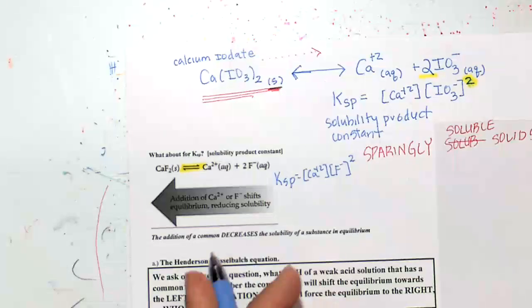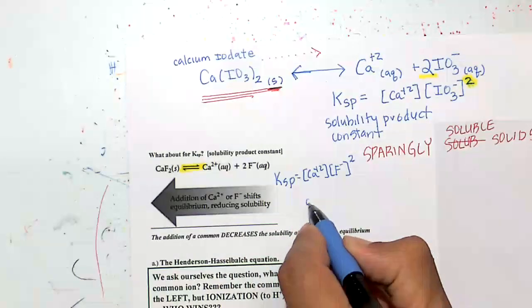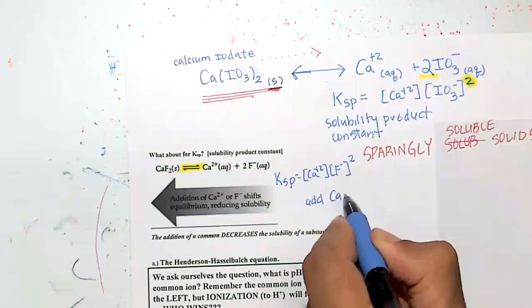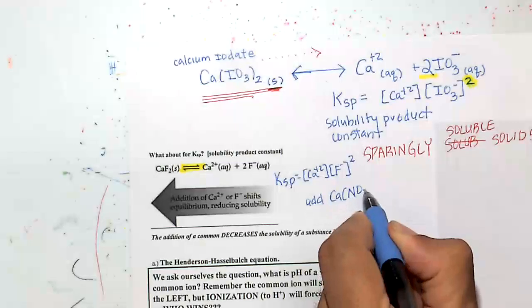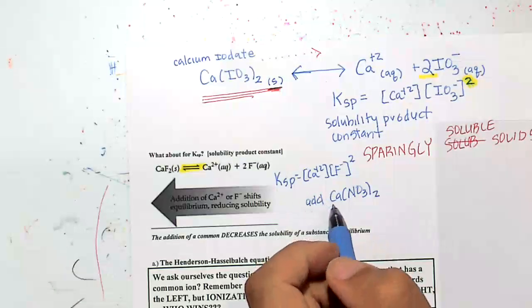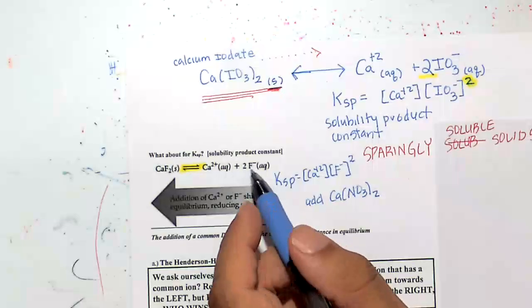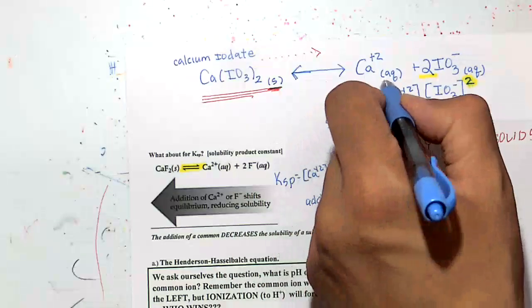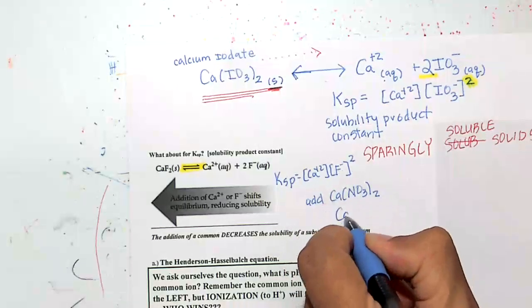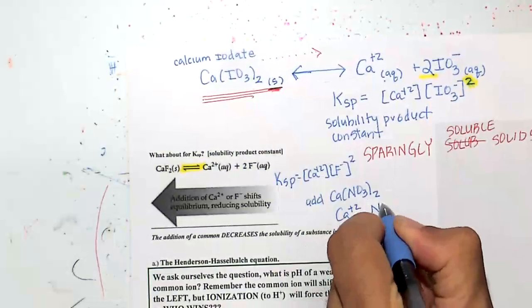But let's say we add, I don't know, calcium nitrate. Let's say we add calcium nitrate to this calcium iodate. All nitrates are soluble.